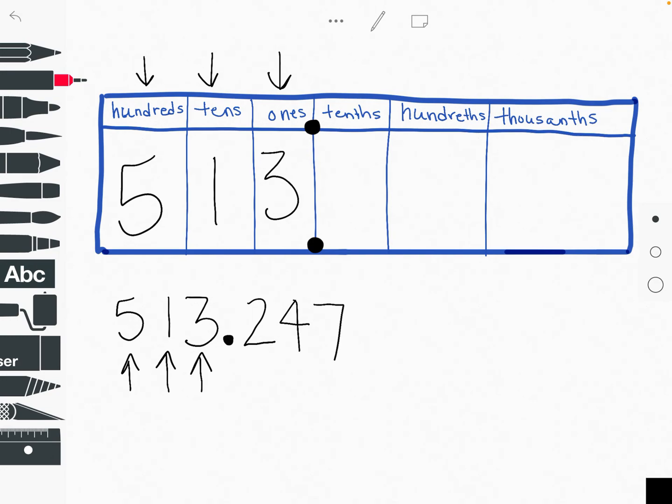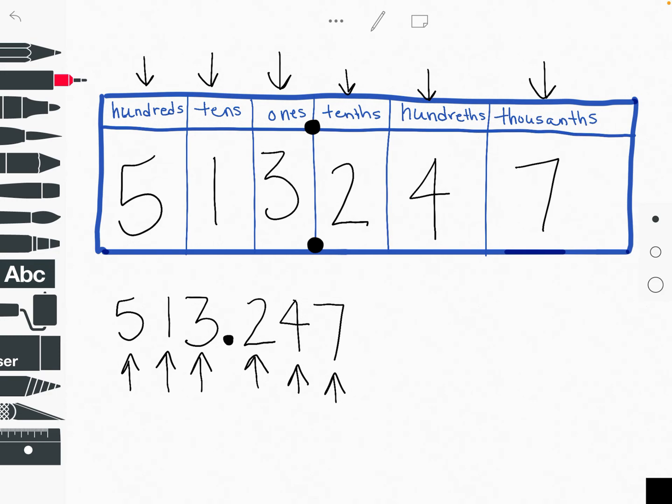So, now we're going to fill in these numbers here. So the 2 would be in the tenths place here. The 4 would be in the hundredths place right here. And our 7 would be in the thousandths place.